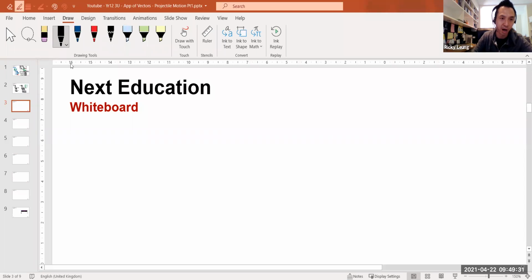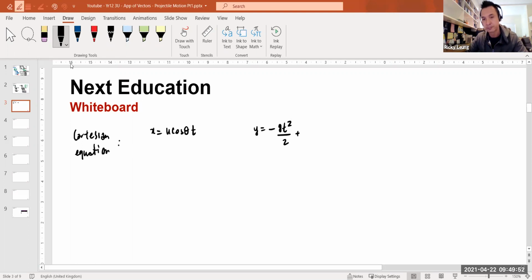So maybe this is for the Cartesian equation. Now, I know that x equals u cos theta t, and I know that y equals minus gt squared on 2 plus u sine theta t plus h.